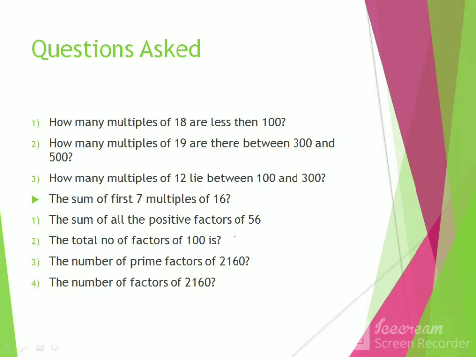They can be asked exactly like this, or they can be asked in a way where you have to apply these concepts, maybe not directly but indirectly, so that you get a certain answer that you use to find the final answer.